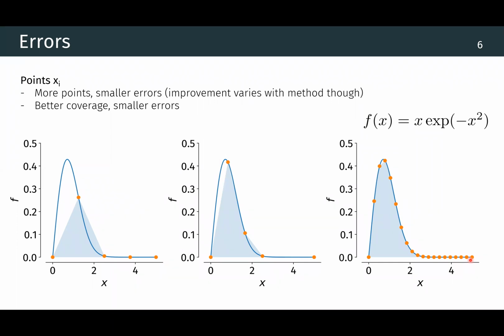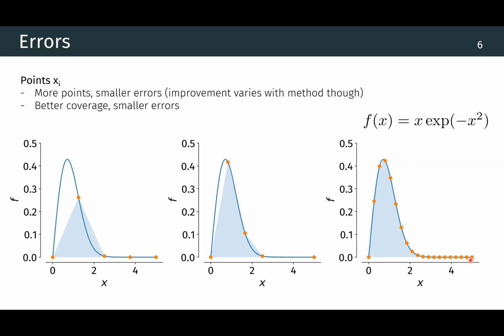And so the main catch is you don't want to just brute force add more points to it, because practically in many cases you can't afford that. So the rule of thumb is adding more points makes things more accurate, but at what cost? So your mileage varies with the different methods that you might apply.